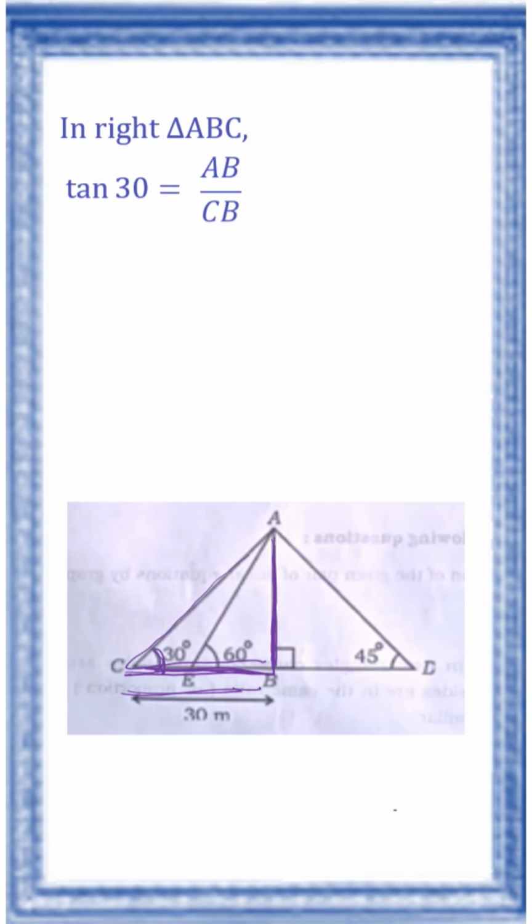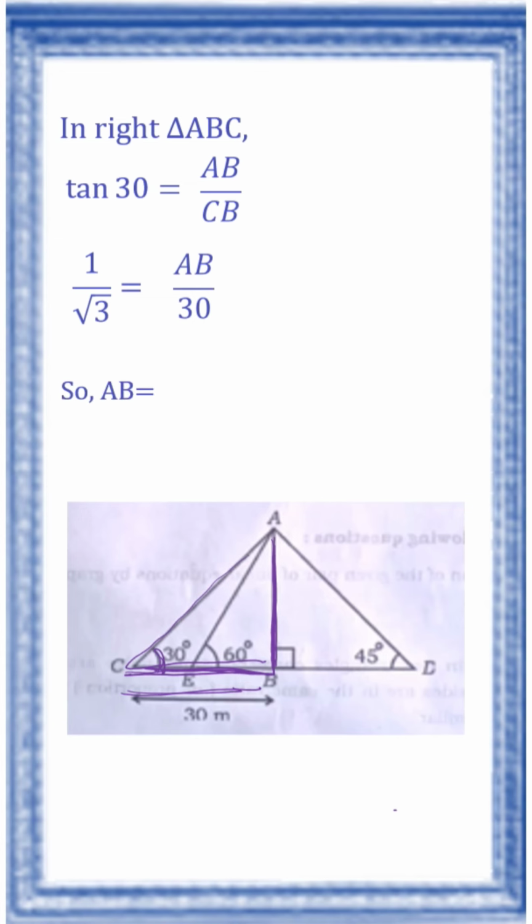Now BC has been given. It belongs to the triangle ACB, isn't it? So in triangle ABC, this is 30 degree. This has been given. This is the adjacent side. We have to find AB. So tan 30 is equal to AB by CB. Tan 30 is 1 by root 3. BC is 30.